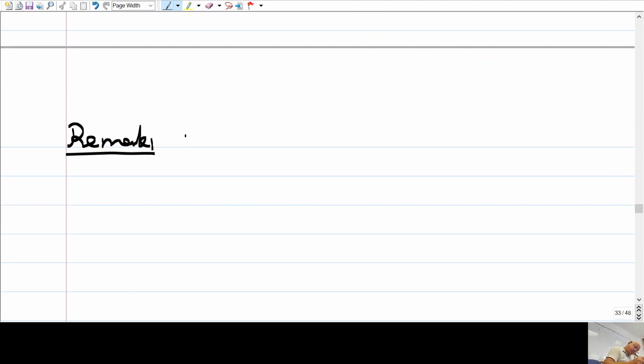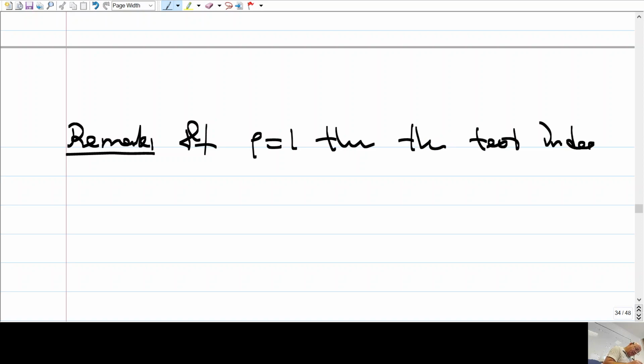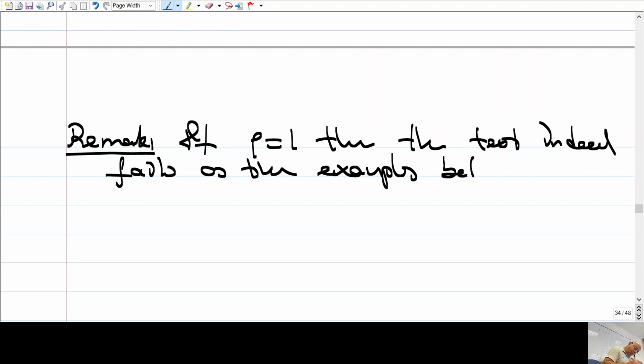If rho equals 1, then the test indeed fails, as the examples below show.